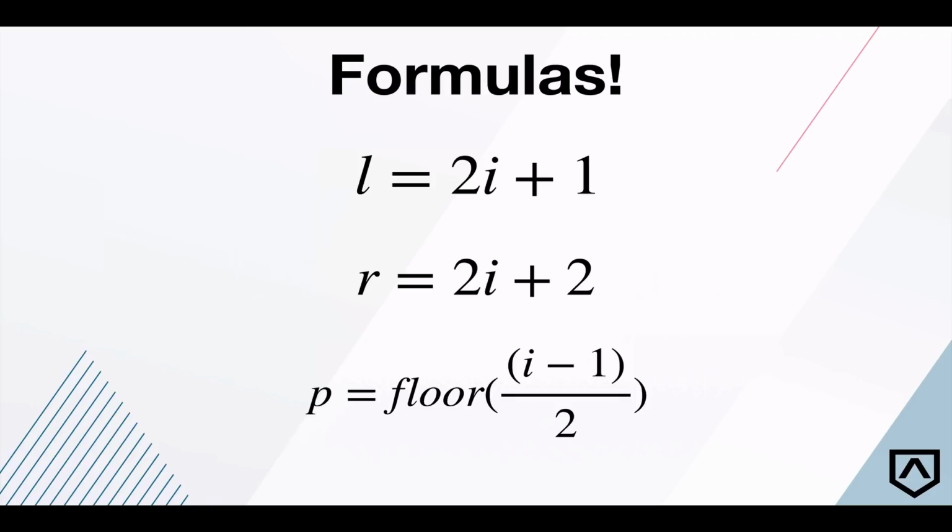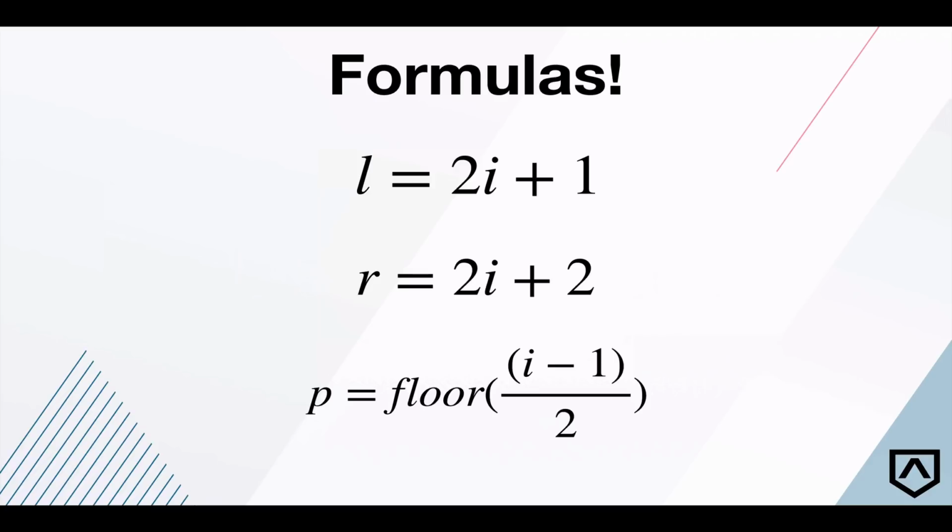Lastly, the third one, P, stands for parent. This is the formula a child node uses to access the index of its parent. It takes its own index, subtracts 1, divides that by 2, and then floors it to get rid of any possible decimals when dividing by 2.